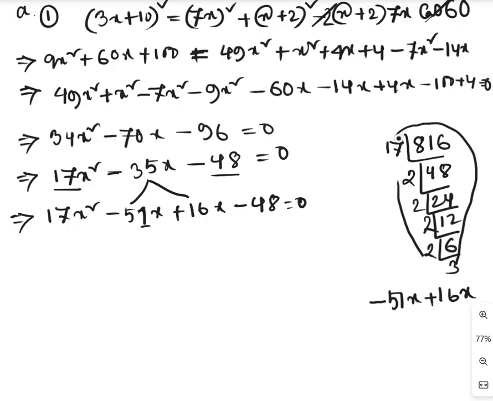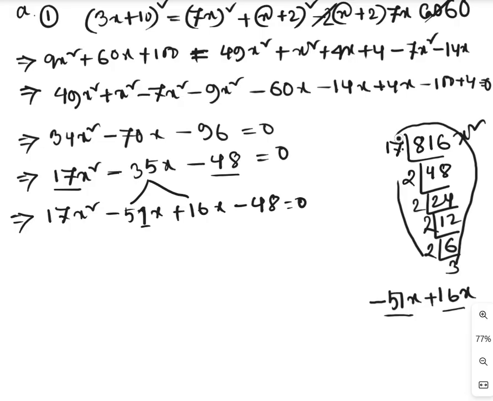So if you multiply these two terms, it becomes 816x square, which is similar to 17x square times 48. And obviously this is positive and this is negative, so it will be negative 816x square. And of course if we multiply these 2, it also becomes minus 816x square.